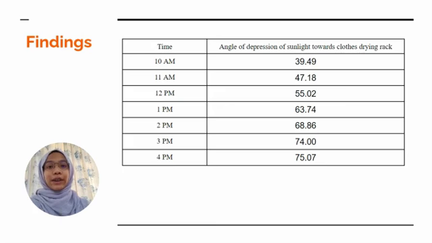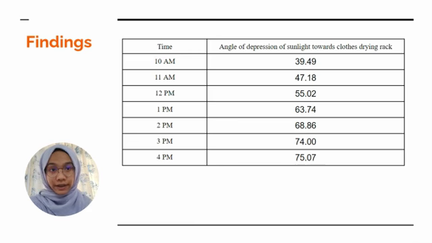So I will be explaining the findings, and the method of calculation that we use is trigonometry calculations. For the opposite line of the triangle, we take from the height of the clothes rack, which is 150 centimeter. However, for the adjacent line of the triangle, we get from the shadow casted.